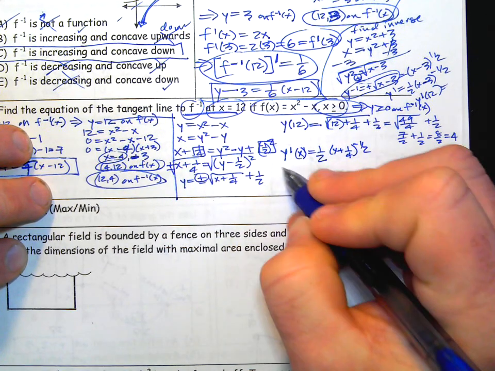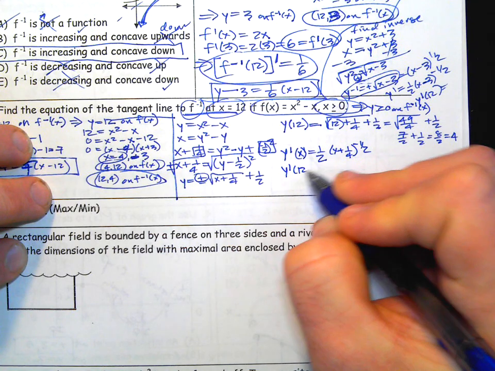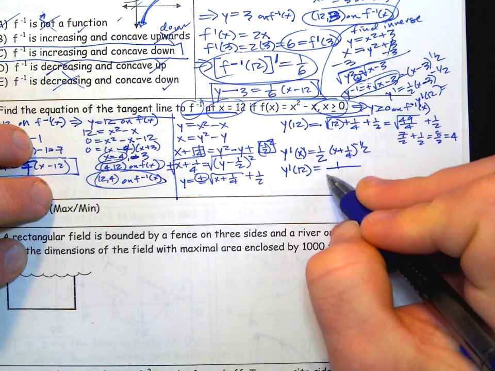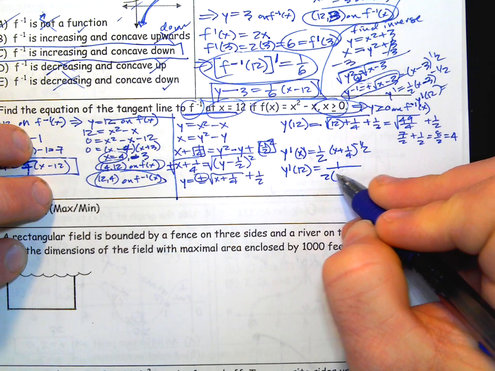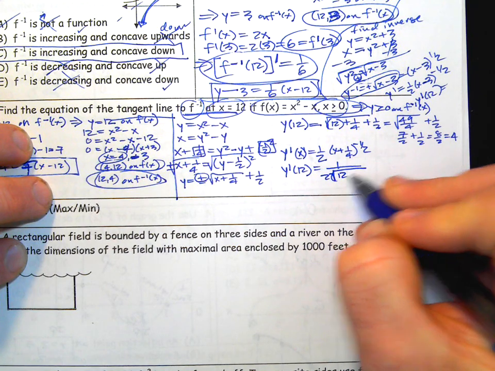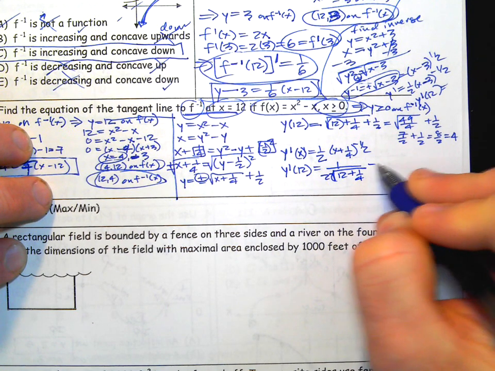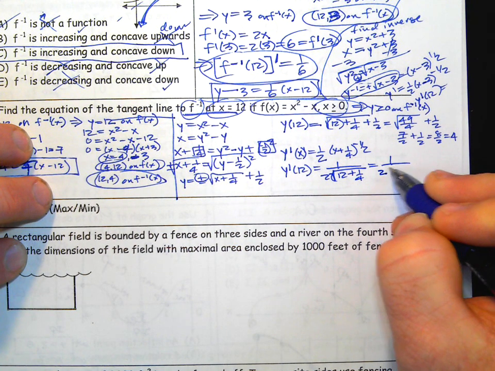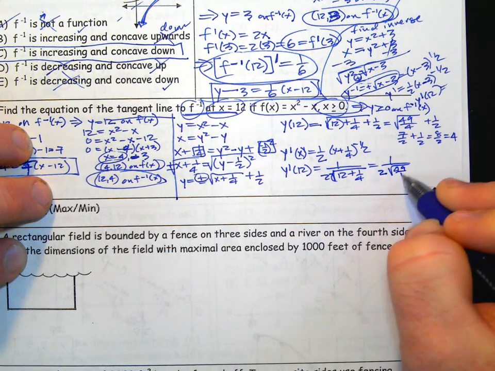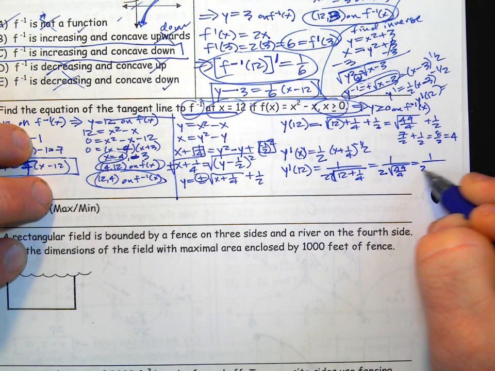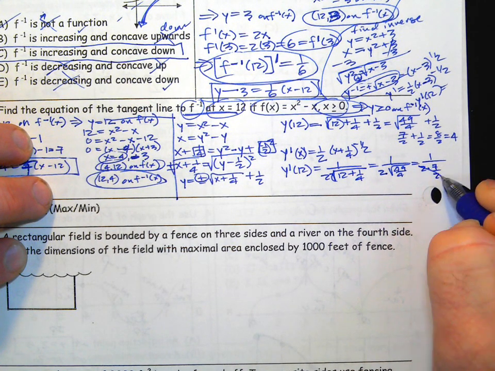And then you got to plug 12 into that. And that's going to be 1 over 2 times the square root of 12 plus 1/4, so 1 over 2 times the square root of 49 over 4, which equals 7 halves, which equals 1/7.